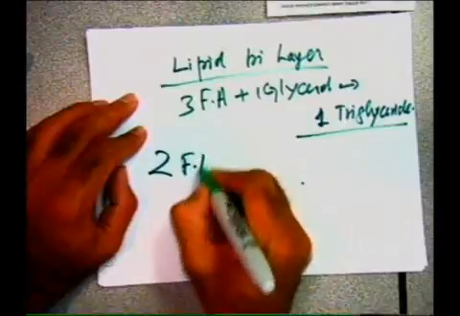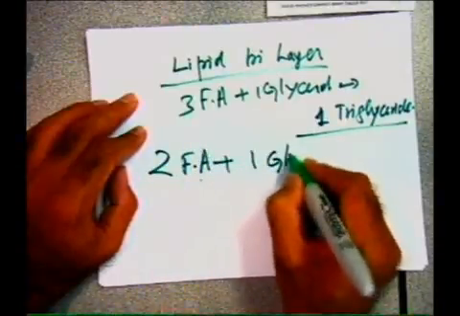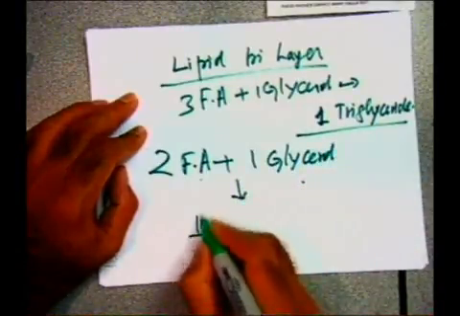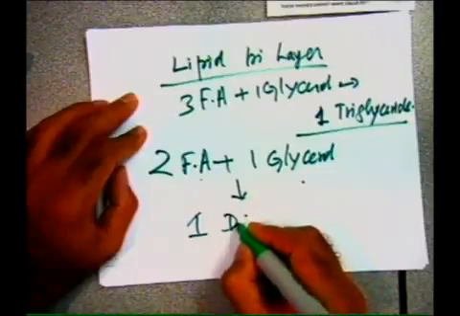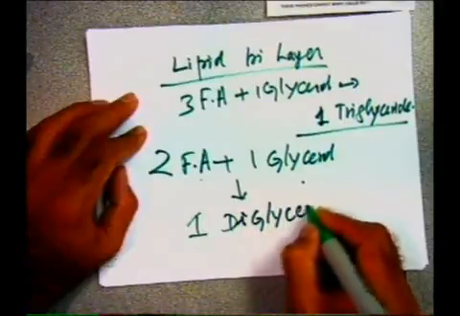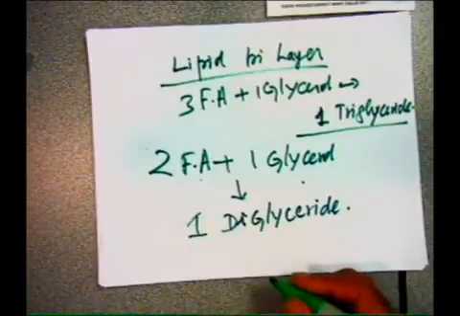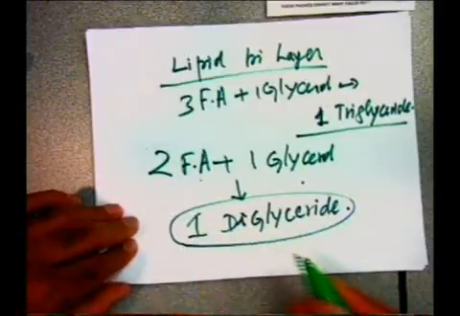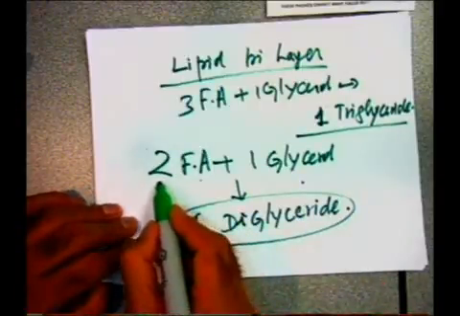If you have 2 fatty acid molecules, FA means fatty acid, plus 1 glycerol, that produces 1 molecule of diglyceride. And this diglyceride mainly constitutes the lipid bilayer membrane. So that's what we did study.